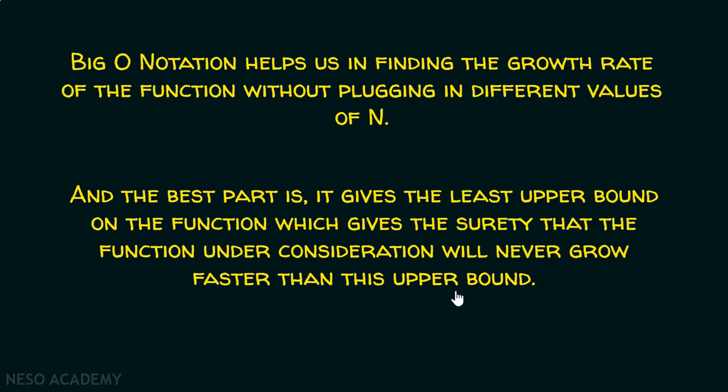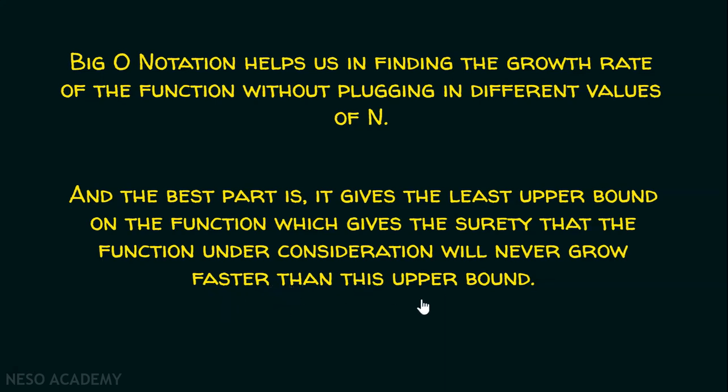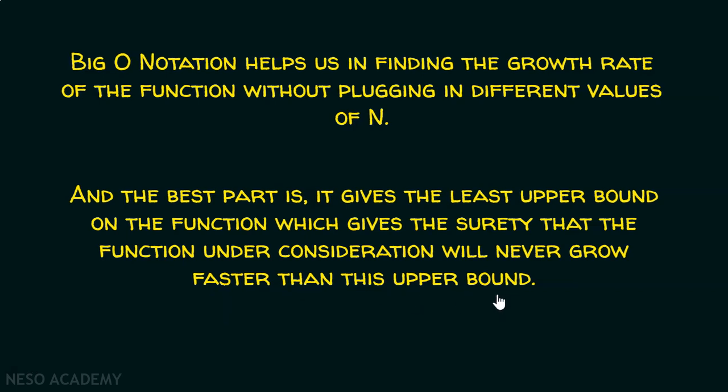So it gives the least upper bound on the function. Let's say the function under consideration is f and the least upper bound is g. With this upper bound, we will be sure that g is always greater than f. Or in other words, g grows faster than f. With this, we can be sure that the function under consideration will never grow faster than this upper bound, because the upper bound always grows faster than the function under consideration.